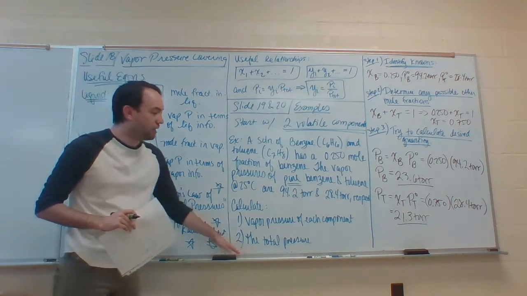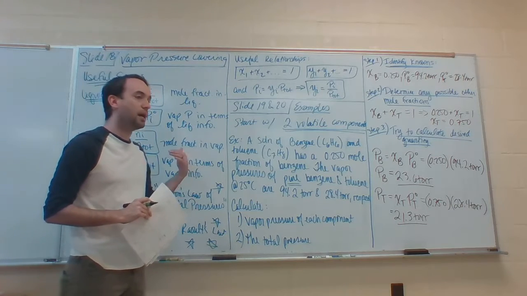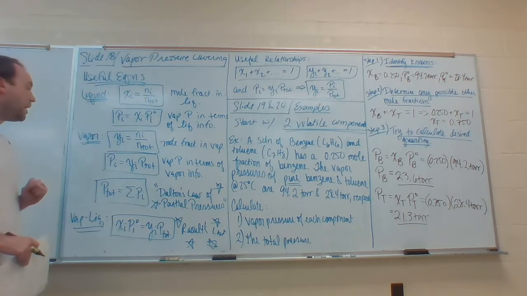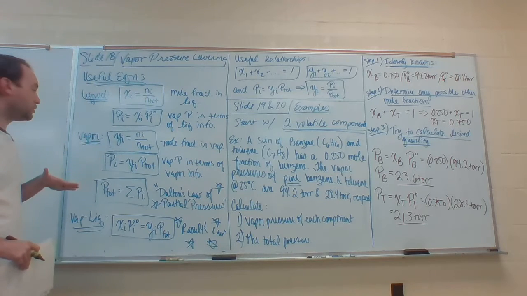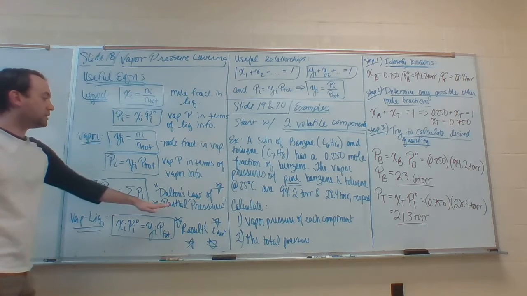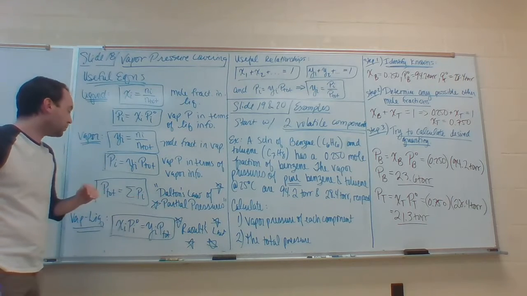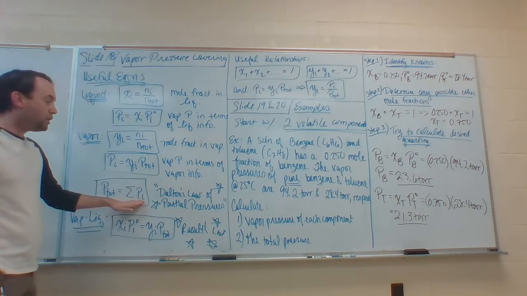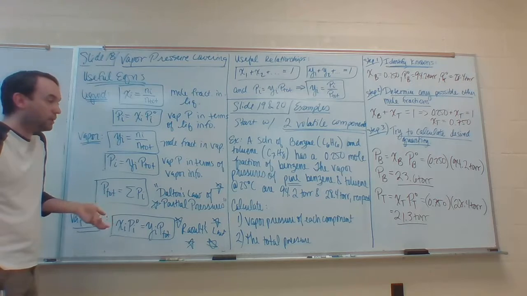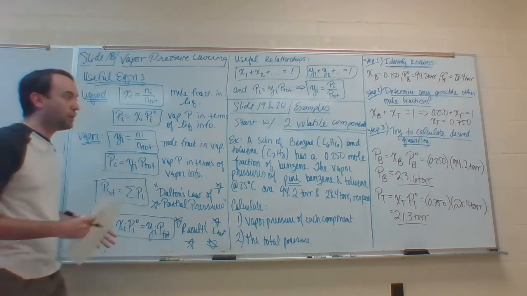The second thing that this problem asks us for is to calculate my total pressure. We have a couple of equations that have the total pressure in it, but the one that we're going to use is Dalton's law of partial pressures. In this case, we know all of our partial pressures. Since we know all of the parts, we can add them up to get our total pressure.